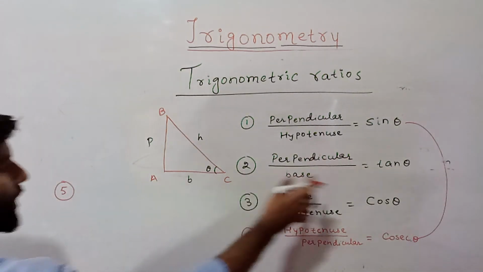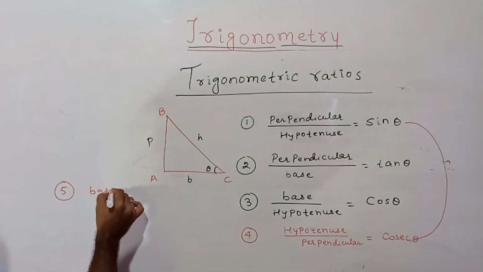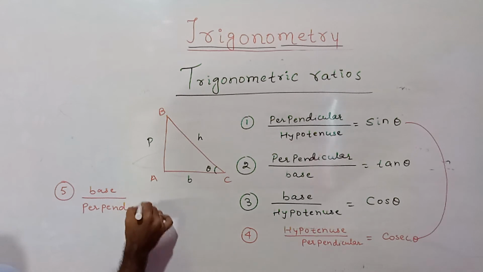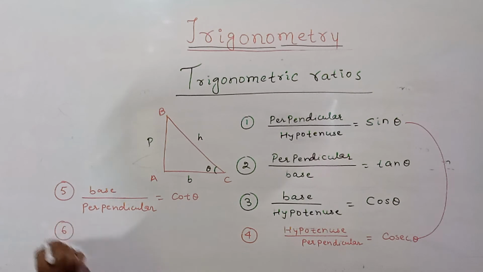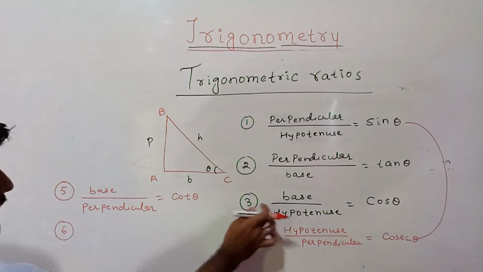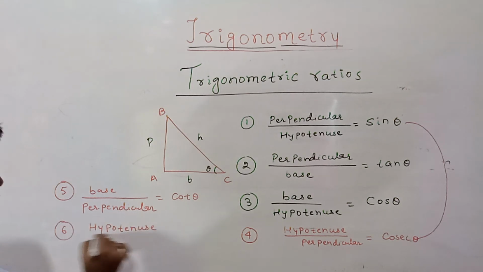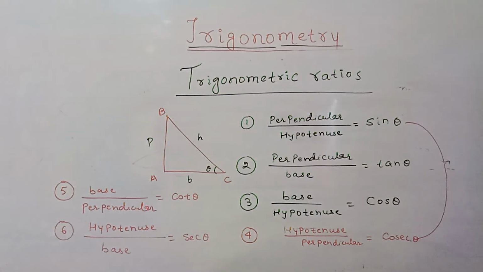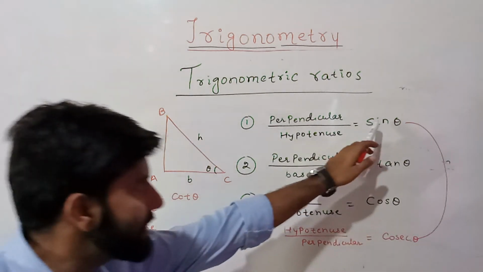If you want to write the reciprocal of tan theta, you have to reciprocate it, so it will be base upon perpendicular, which equals cot theta. And number 6 is the reciprocal of cos theta, hypotenuse upon base. It is known as sec theta.